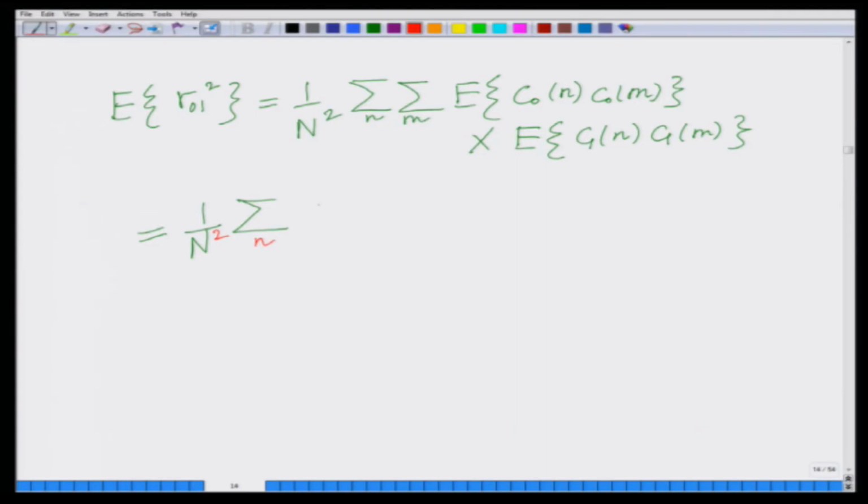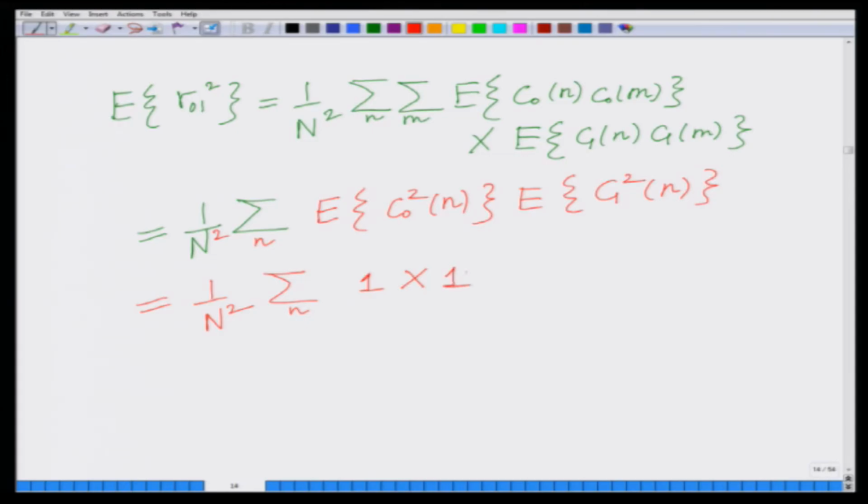So, summation over n, we have expected value of C0 square of n times expected value of C1 square of n, each of which is 1. So, this is 1 times 1, which is 1. Therefore, this is equal to 1 over n square summation over n of 1, which is 1 over n square times n, which is equal to 1 over n.